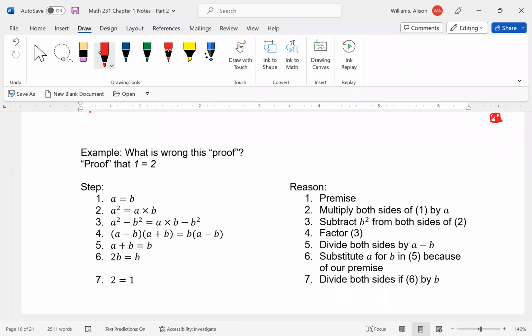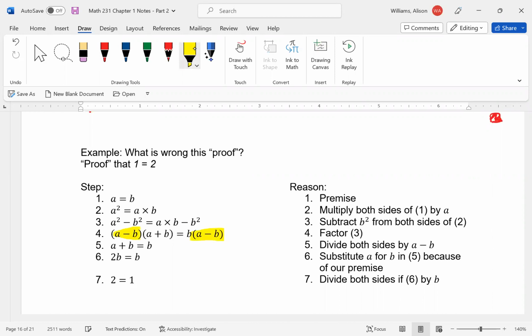Then they subtract B squared from both sides of the equation. So we have A squared minus B squared equals A times B minus B squared. Then they factor the left side and they pull out a GCF on the right side. And then they divide both sides by A minus B because both sides have this in common.